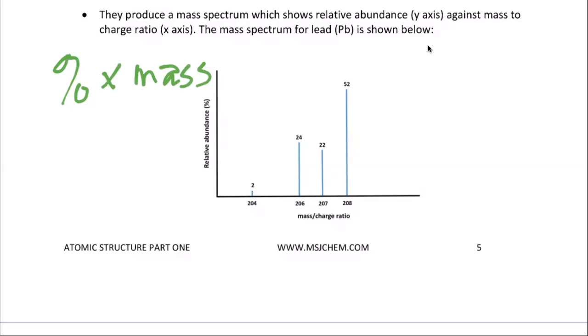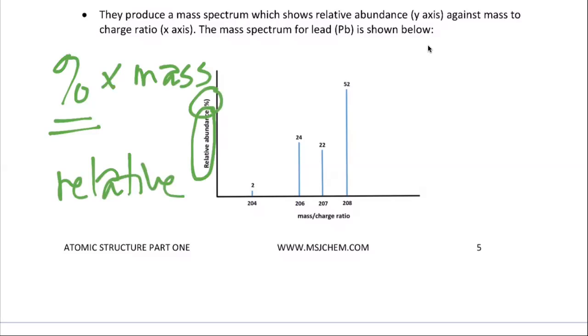The catch is the percentages, I have to change them to decimal form. When they say relative abundance right here, see how it has that percent sign? If they use the term relative abundance or abundance, that is your percentage. That's the number for the percentage.